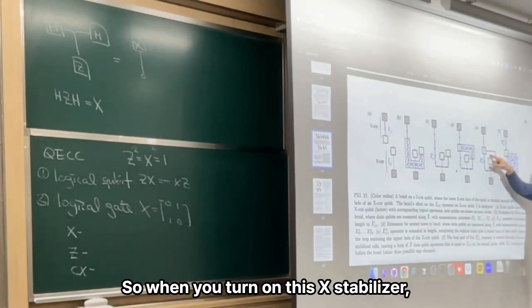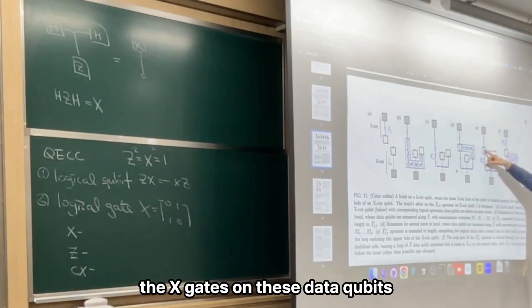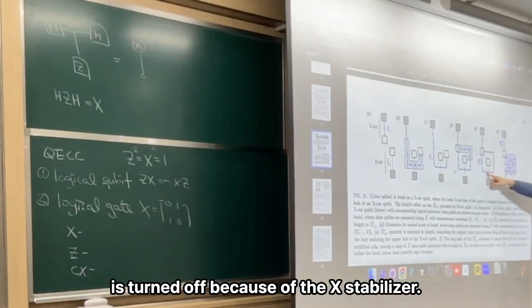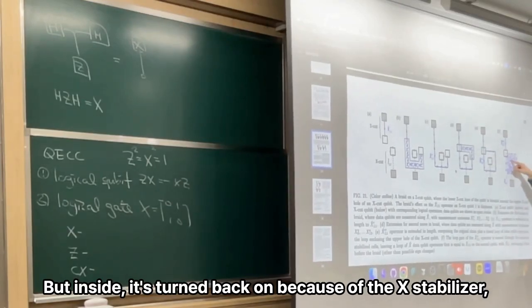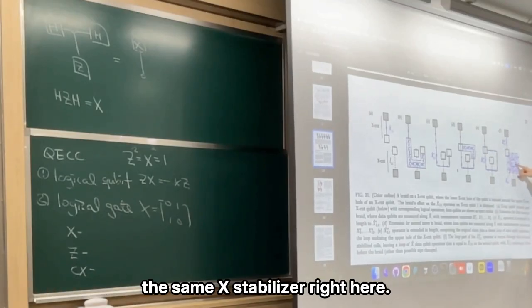So when you turn on this X stabilizer, the X gates on these data qubits are turned off because of the X stabilizer. But inside, they are turned back on because of the same X stabilizer right here.